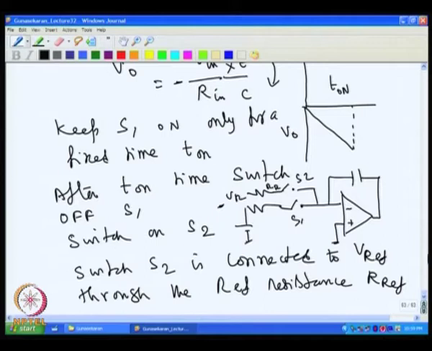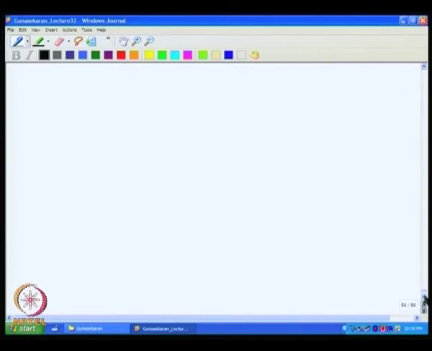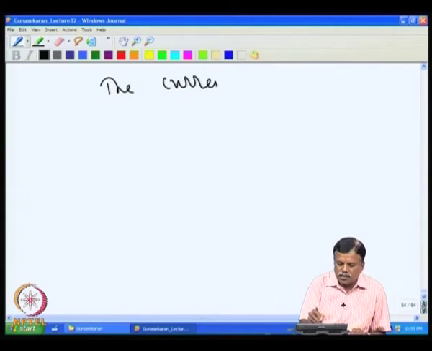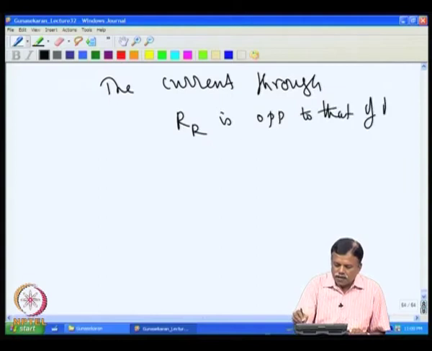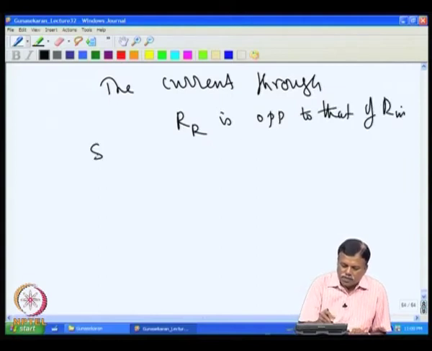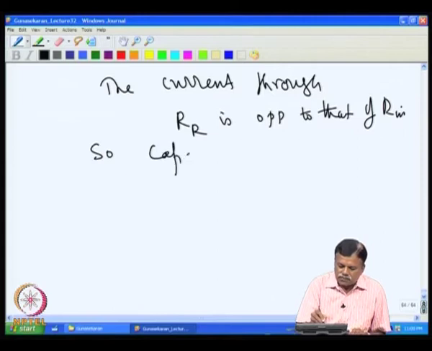Because of that, the current through R reference is opposite to that of R in, and the capacitor C discharges now.